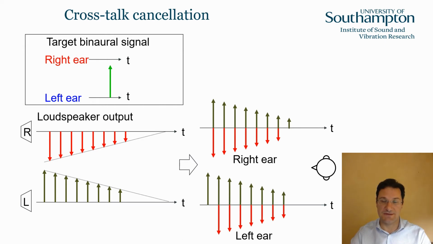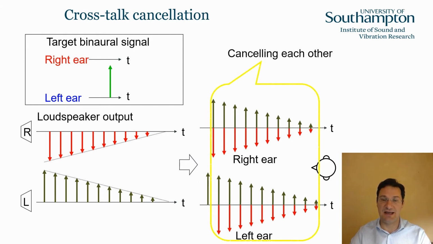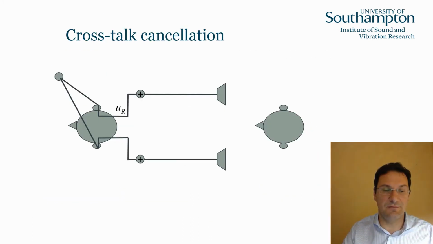And this is what happens. What is really interesting is that in order to generate just a single ideal pulse here at the left ear, the loudspeaker needs to generate a lot of energy, if you like, most of which goes into destructive cancellation. This diagram shows how this method is implemented from a signal processing point of view.